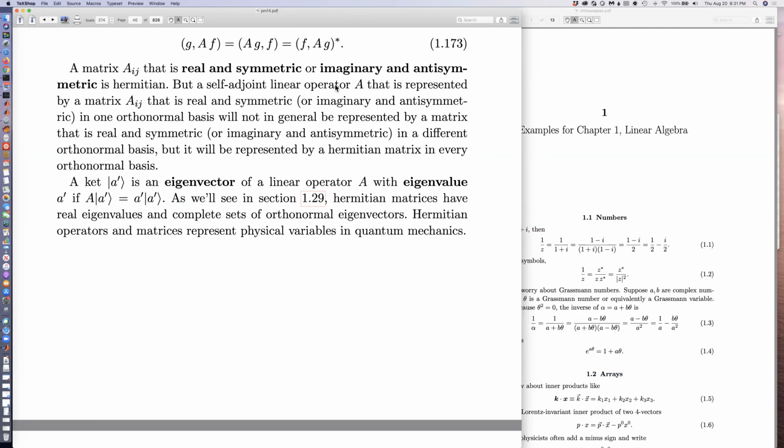In fact, if you start with a real symmetric matrix, which is Hermitian, and you change to another basis, the matrix that you get will still be Hermitian, but it will not in general be real and symmetric. And similarly, if you start with a matrix that's imaginary and anti-symmetric, it'll be Hermitian. If you change to a different basis, it'll stay Hermitian, but it won't in general be imaginary and anti-symmetric.